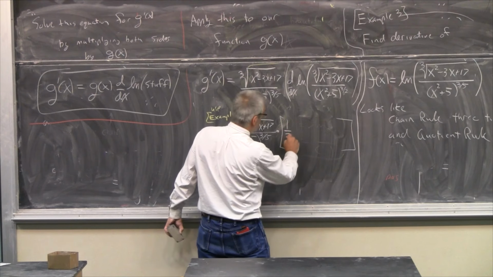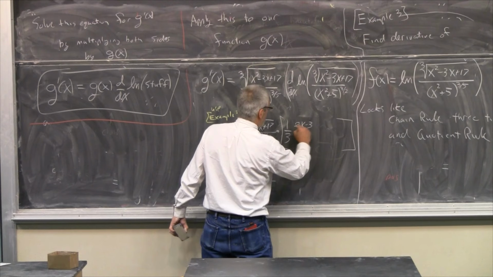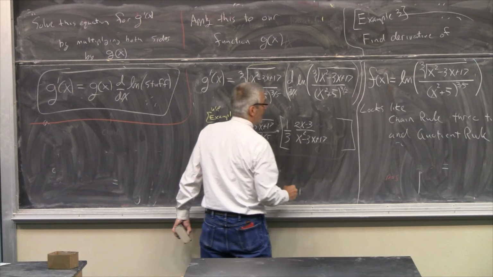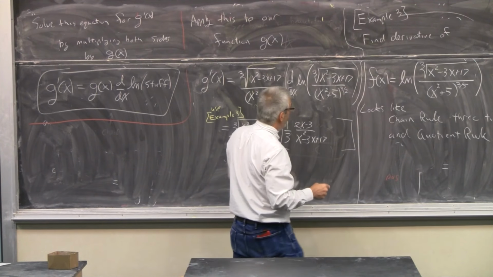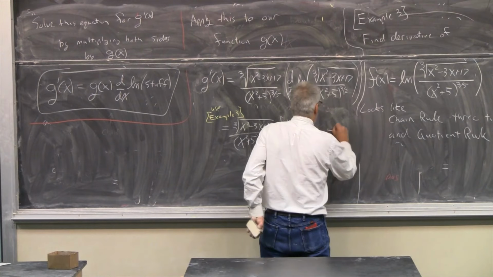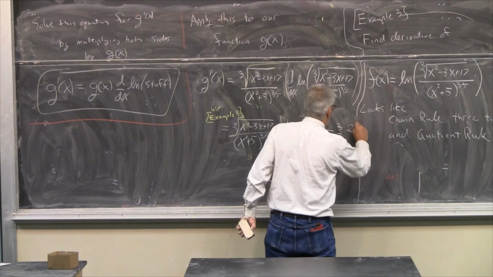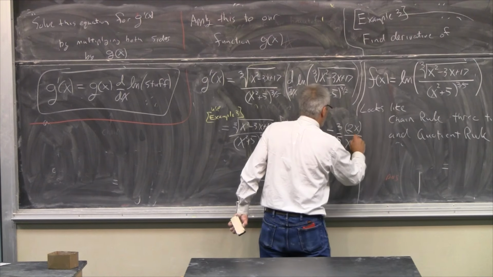So 1/3 of 2x minus 3 over x squared minus 3x plus 17. And then I have minus 3/5 times 2x over x squared plus 5.